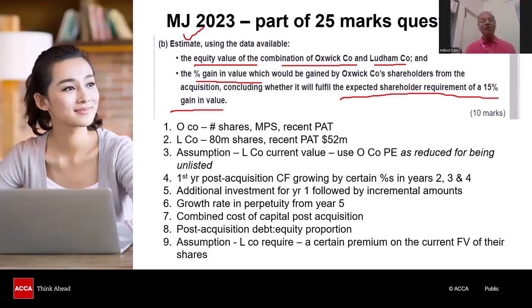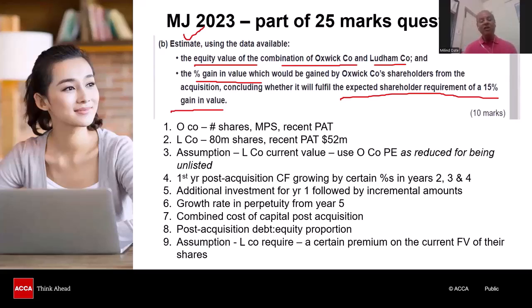And then using the combined cost of capital, post acquisition capital, you need to calculate the present value of the free cash flows. So I would collect information regarding the calculation of cost of capital post acquisition, capital structure post acquisition, so that I can calculate, if required, the weighted average cost.